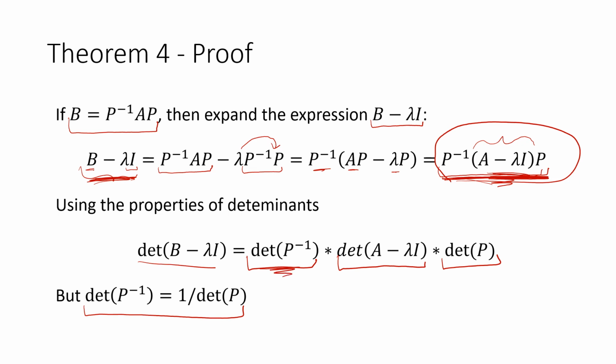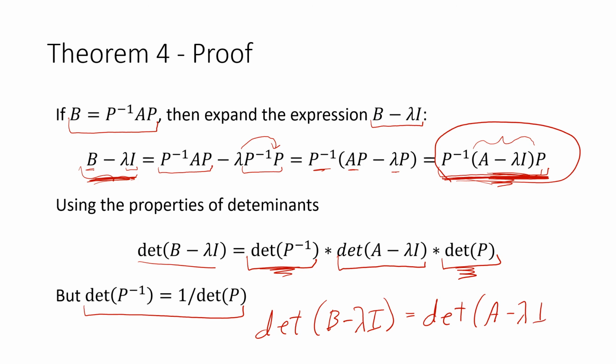So that means this term and this term cancel out, and you're left with the determinant of B minus lambda I is exactly equal to the determinant of A minus lambda I. And that's your characteristic polynomial.